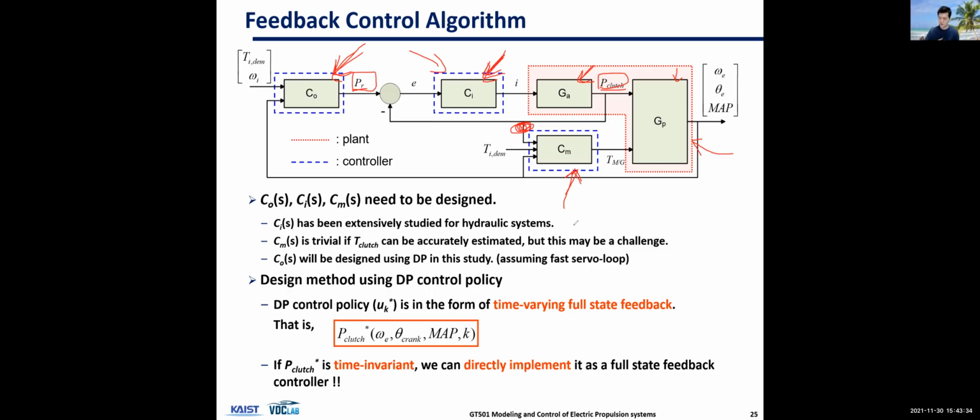Otherwise, it will be transmitted to the drive line and the wheel, and the passenger will feel it. So what's left is the outer loop controller, which outputs the reference pressure. What should the pressure command be? And the DP solution can help.